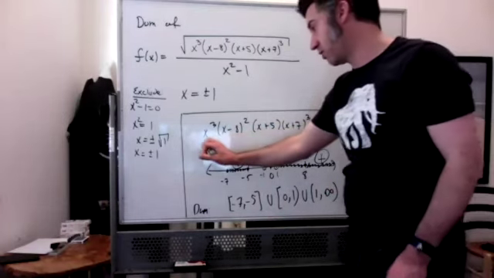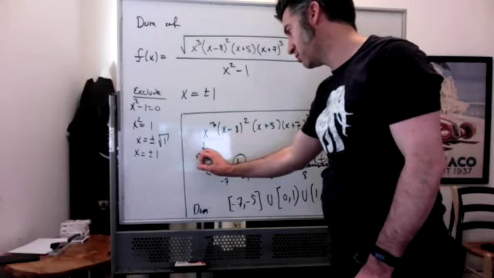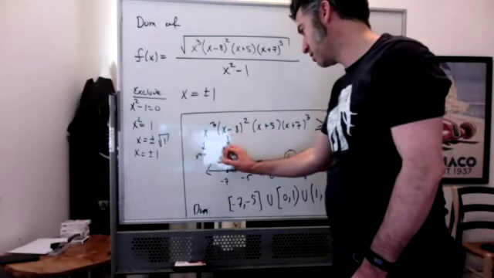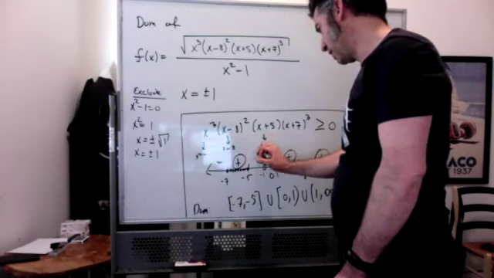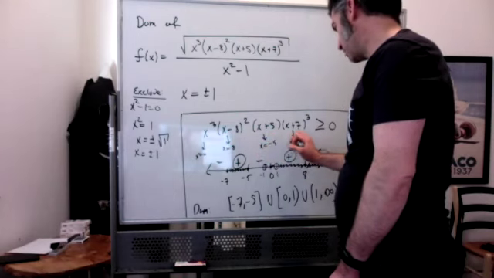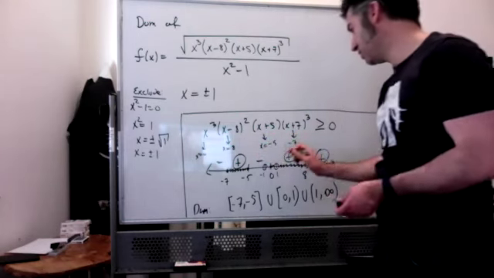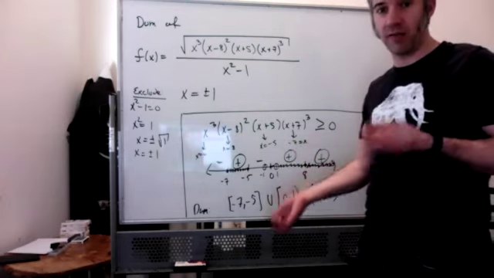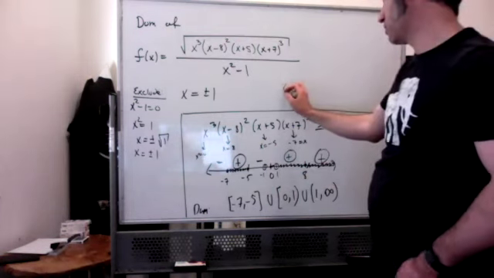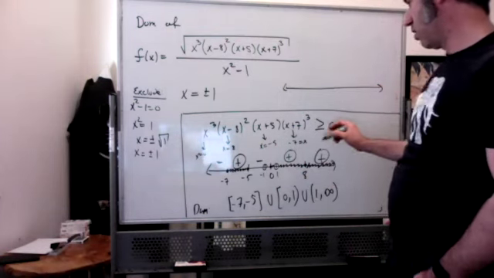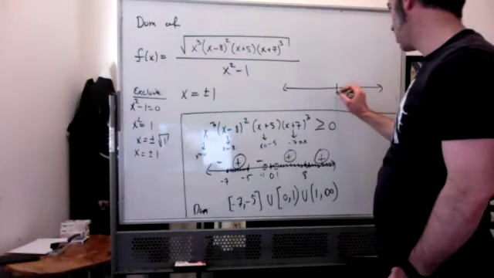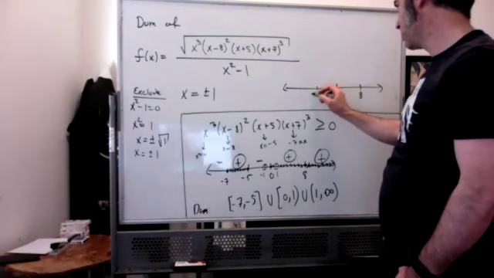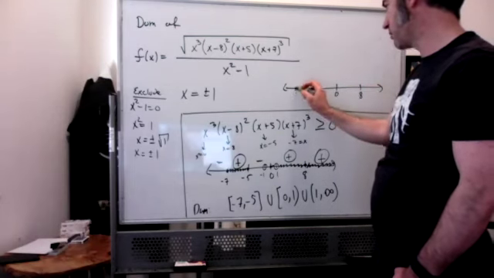So x equals 0 makes this part 0, x equals 8, x equals -5, x equals -7. Those are the places where the sign can change from positive to negative or negative to positive. So those are the things that are going to go on my number line: 0, 8, -5, -7.